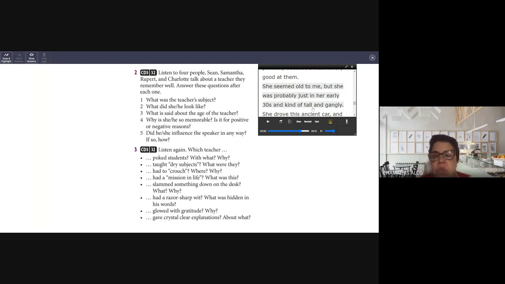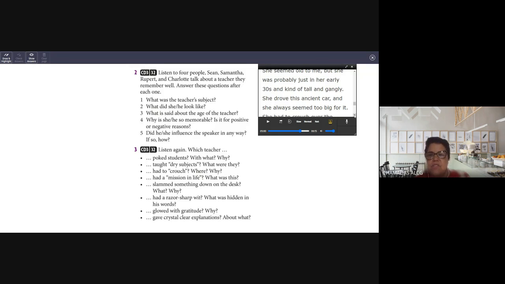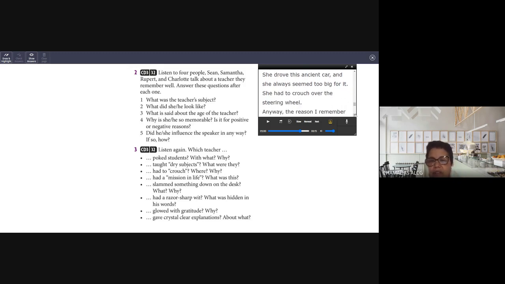She was kind of tall and gangly, like this, right? She must have been kind of skinny, thin. She said here, Charlotte said that she drove this ancient car and she seemed too big for it because she was tall. So she had to crouch over the steering wheel. You know when the person is too big for a car, so you have to do like this.